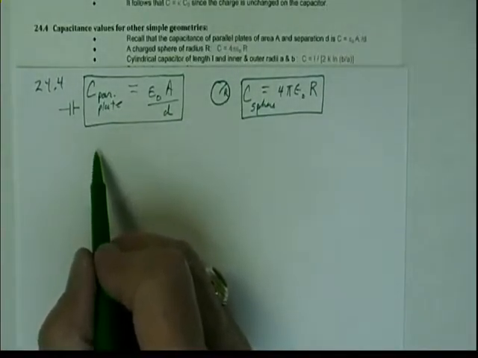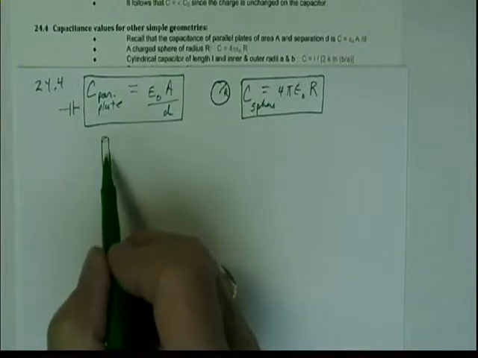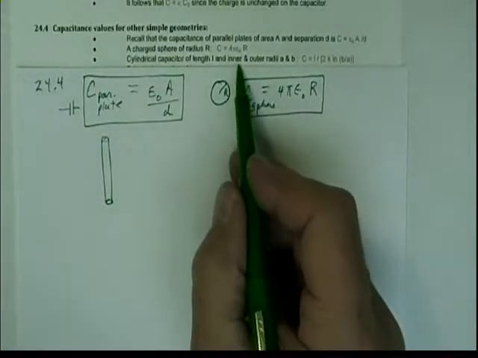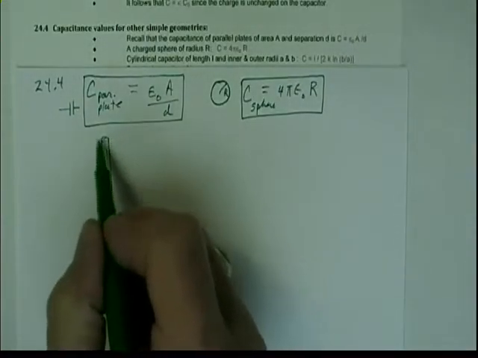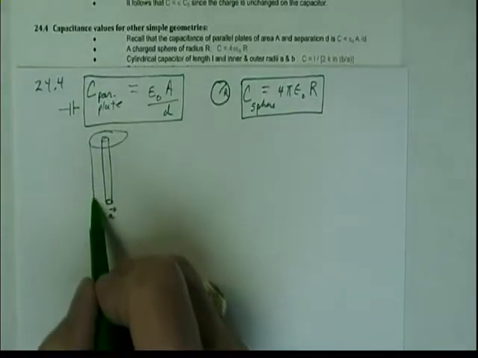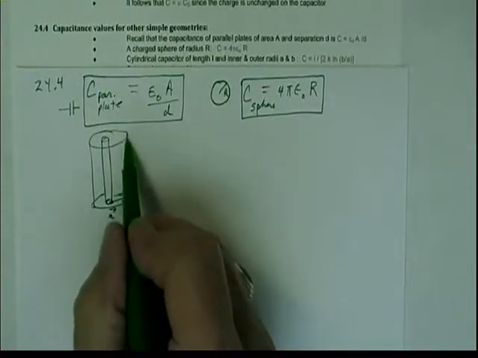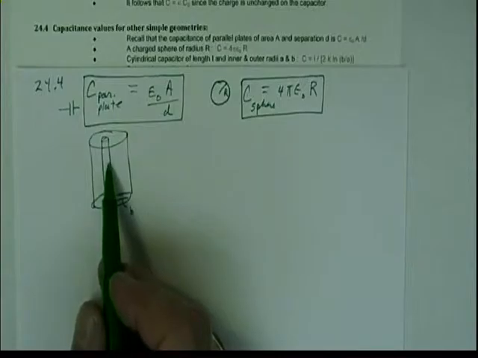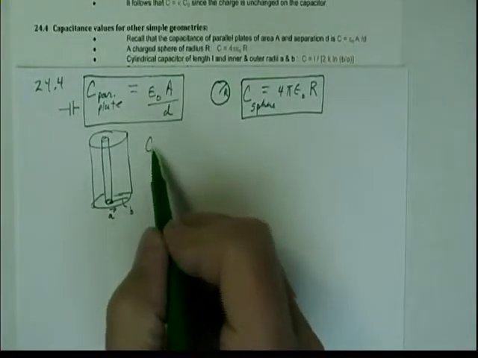Now we can look next at a capacitor that consists of an inner cylinder and an outer cylinder, with inner and outer radii A and B. So the inner radius is A, and then we have an outer radius B. So this is what we call a cylindrical capacitance, and you can see here if we take charge off of this cylinder and move it out to this cylinder, or conversely, we can ask for the capacitance.